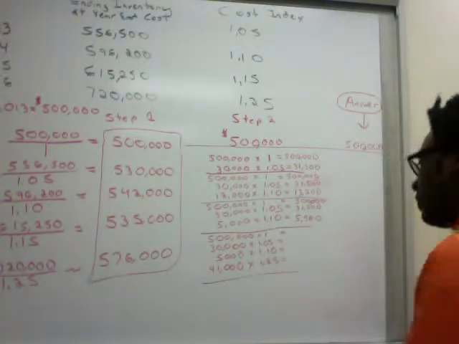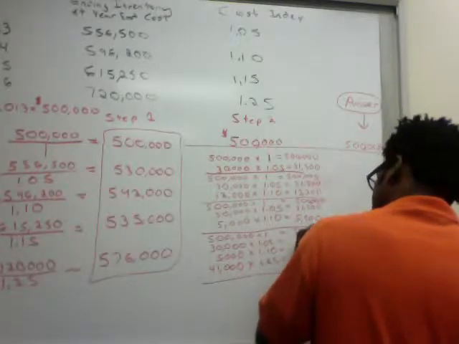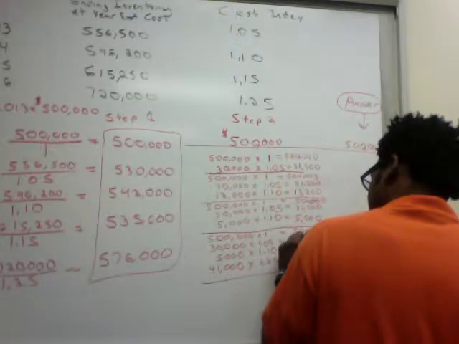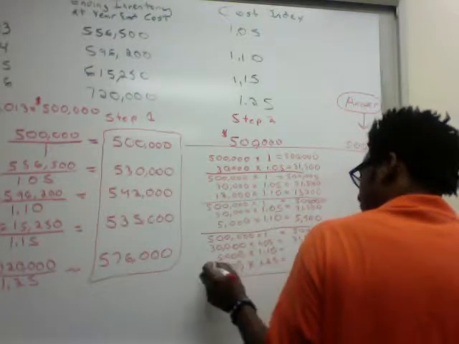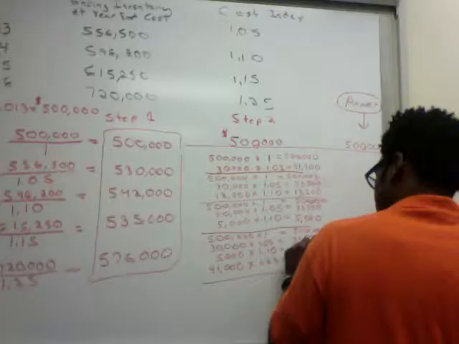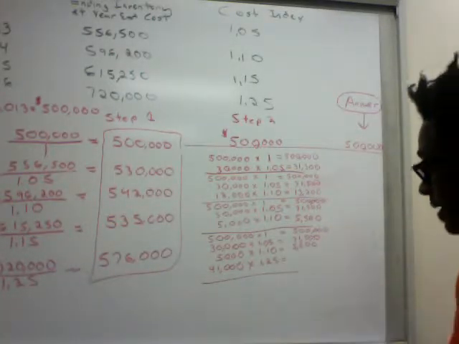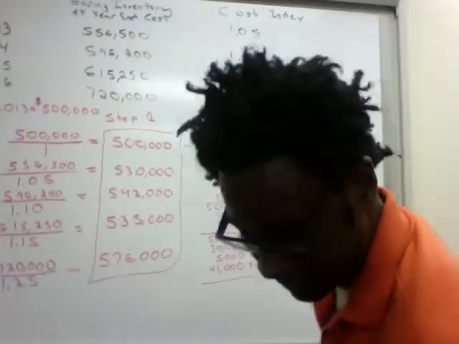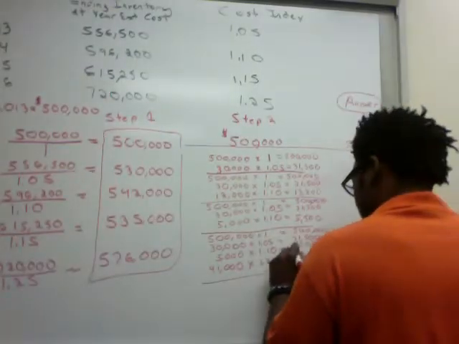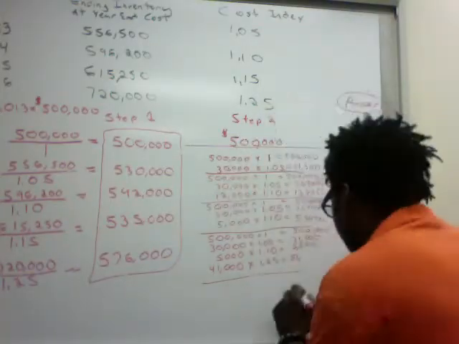And then we carry forward all that for the next year. Again, 500,000, 31,500, 5,000 times 1.10 is 5,500. And 41,000 times 1.25, the new amount, is 51,250.